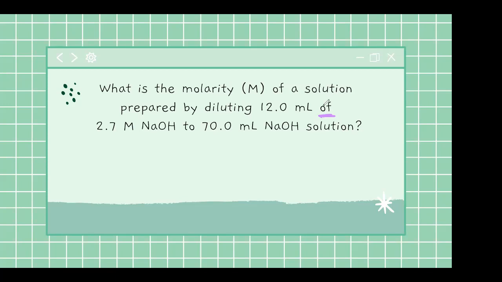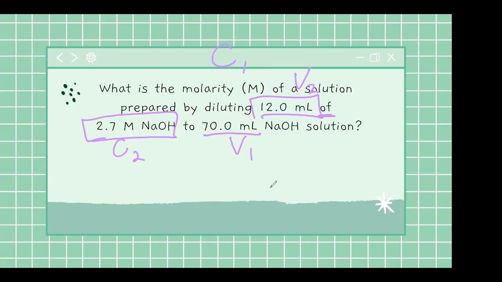This indicates that this 12 milliliters, this volume, is paired with the corresponding C. The 2s and the 1s originally is supposed to be like the 2 is the diluted one, 1 is the concentrated one, but it doesn't really matter. So now that we know that this C2 and V2 are together, and we're solving for a C1, and we are given a V1, we can already set up.